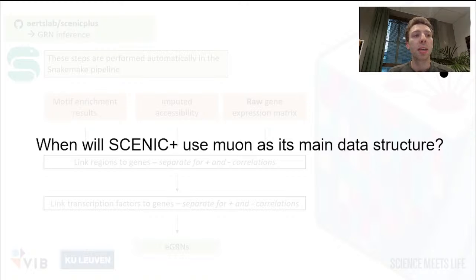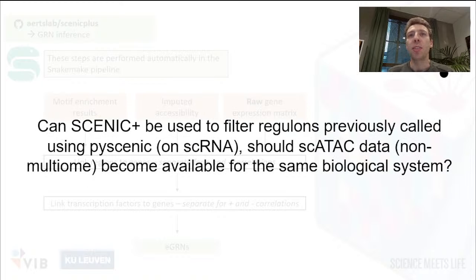Then the next question was, can SCENIC Plus be used to filter regulons previously called using pySCENIC? Yeah, we don't really have functions for this. And then the next question is whether single cell ATAC-seq data is needed. It's really needed to run SCENIC Plus, so you cannot run SCENIC Plus without single cell ATAC-seq data.